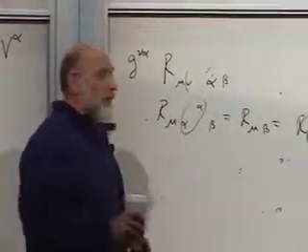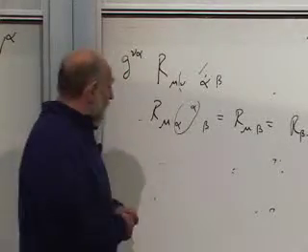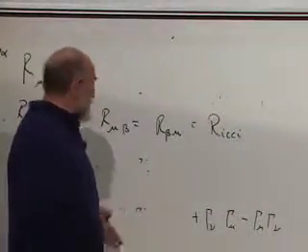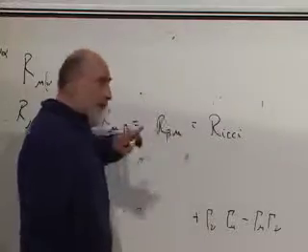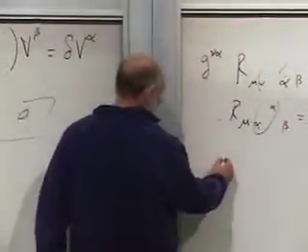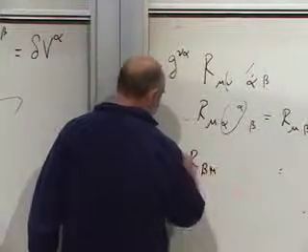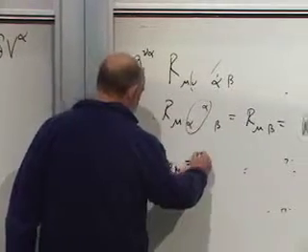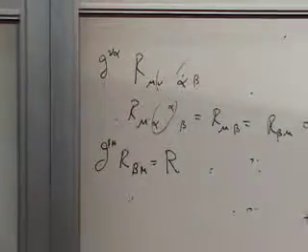And then there's one more thing that's called R. It's the Ricci scalar, the curvature scalar. It's just gotten by taking the Ricci tensor and contracting its two indices, which you do by writing R beta mu g beta mu. And that's just called R.